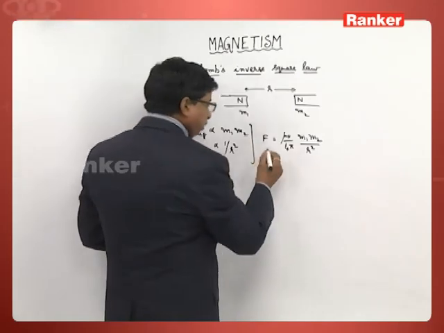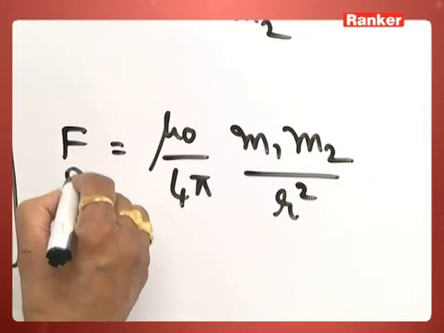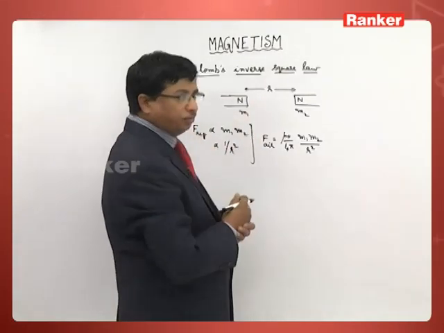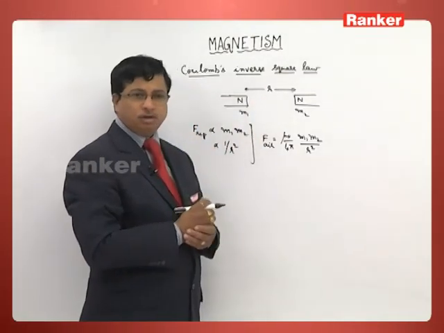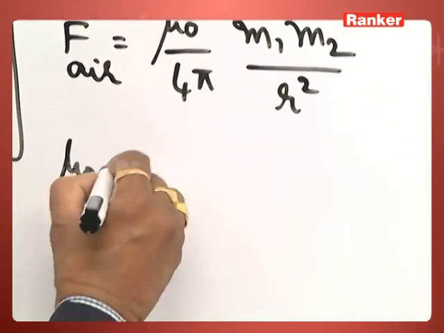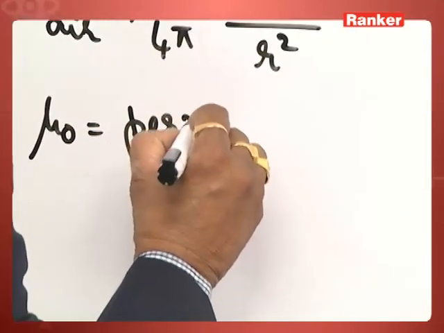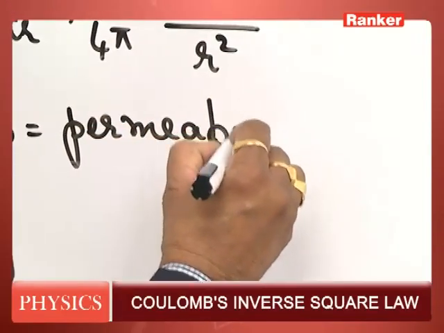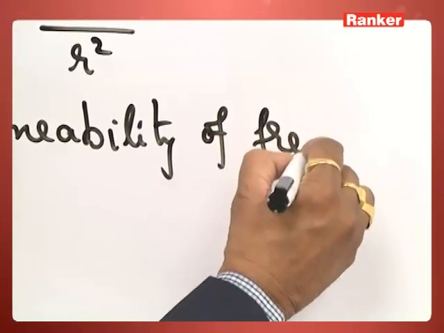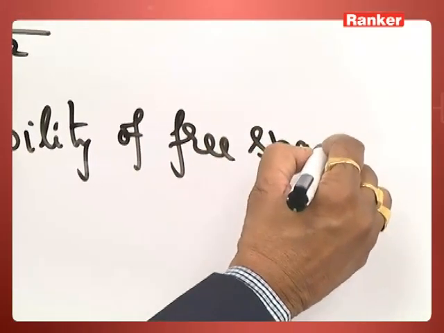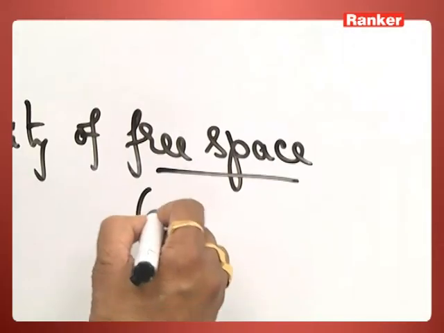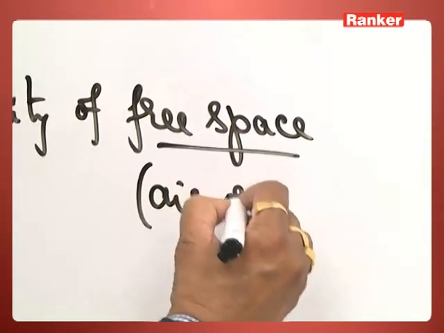This is taken in air, for example. That means the material medium existing between these two poles is air. Now we can understand this mu naught as the permeability of free space. This free space we consider as either air or vacuum.